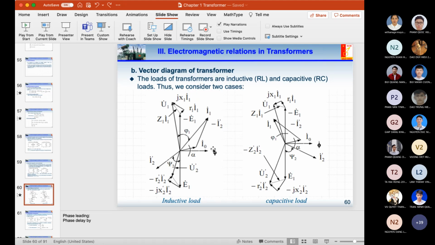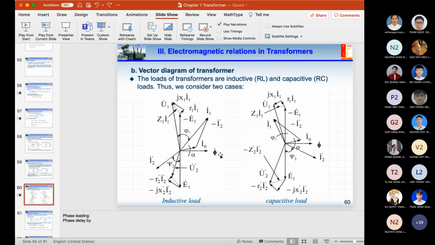And now if we connect the secondary winding to the load, we get current flowing in the load.